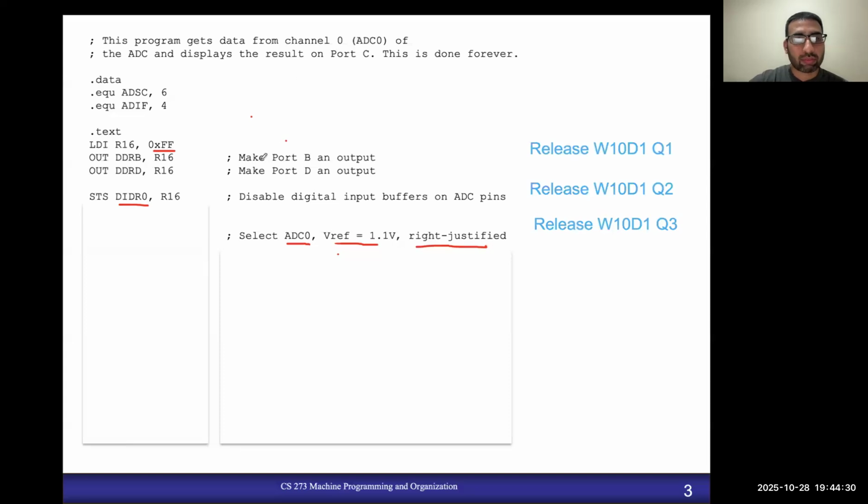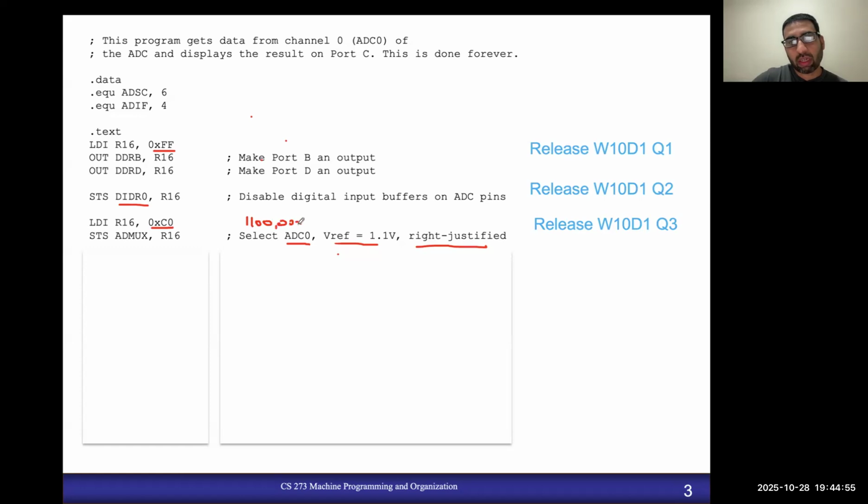So how can you do that? By writing 0xC0 into the ADMUX register. So why 0xC0? When you convert it into binary, what will be the binary of 0xC0? 1, 1, 0, 0, and then four zeros, right?